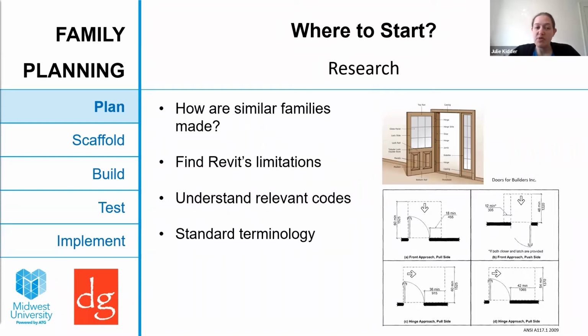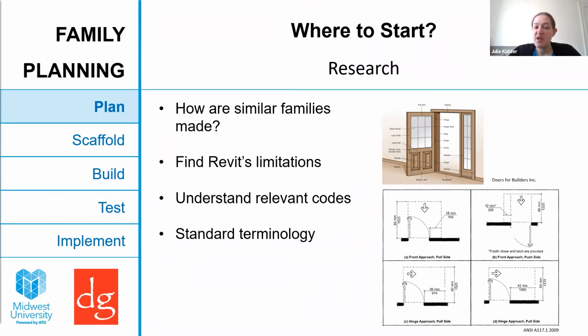Are there relevant codes that are related to your family? Doors, there's plenty of them. There's ANSI and ADA and IBC and local codes. So what are those and how might I need to convey them? Also look at if there's any standard terminology for your industry pieces.